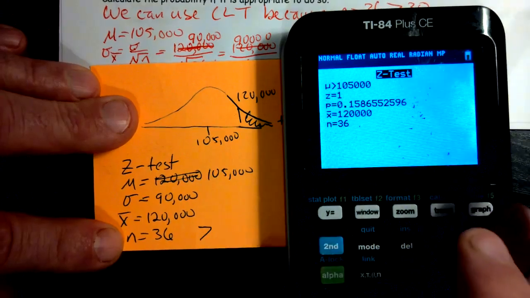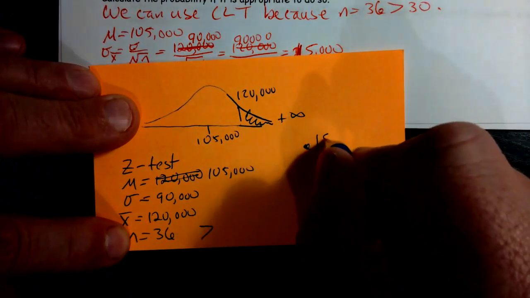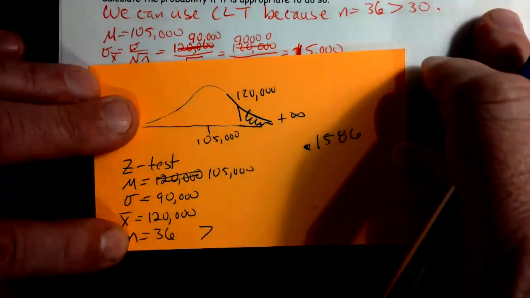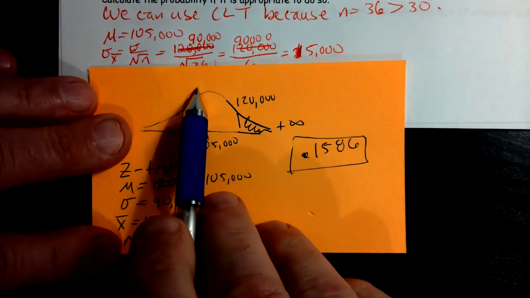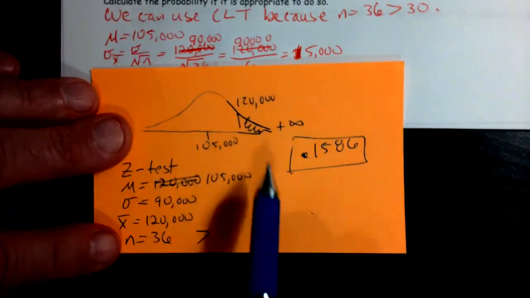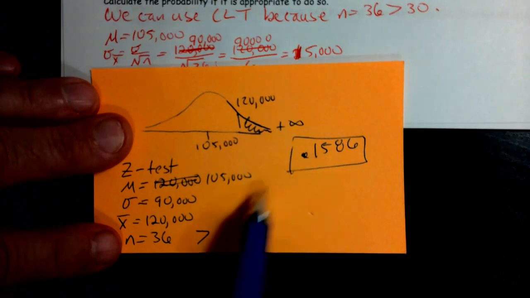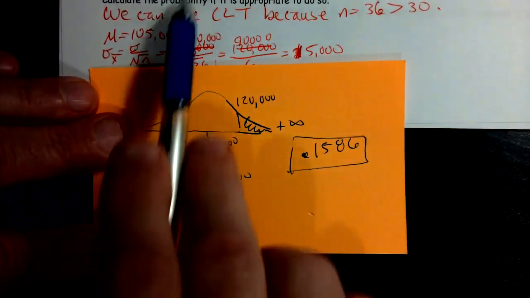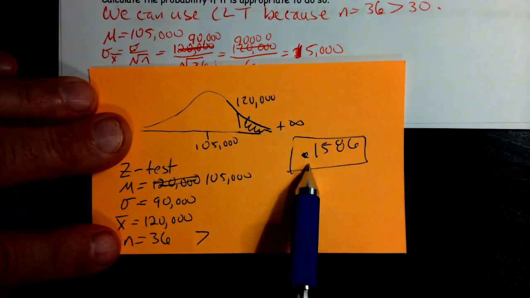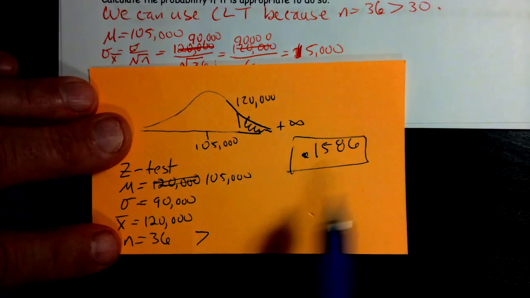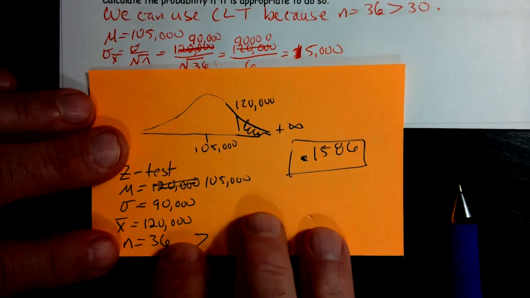And we find out that it's 0.1586. So the probability that a group of 36 households has an average of more than 120,000 is about 16%. So not common, but not completely unusual.